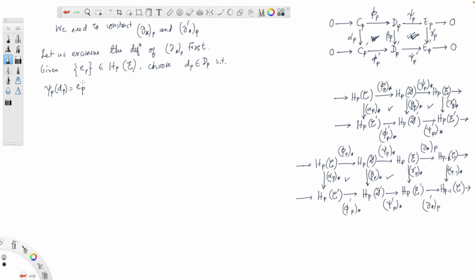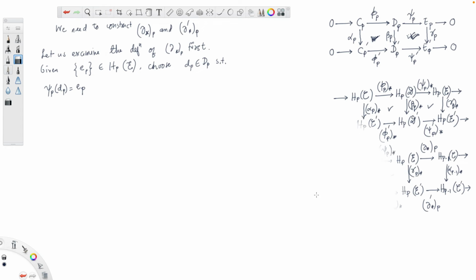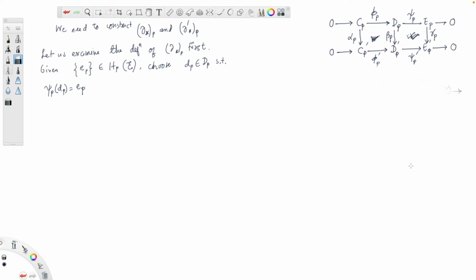Let me draw a diagram so that we understand this construction better. So let me erase these two diagrams for the moment and then draw that diagram.